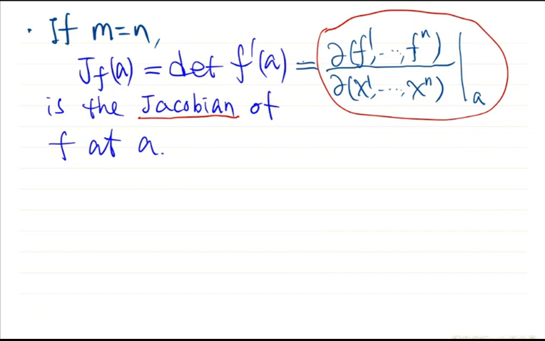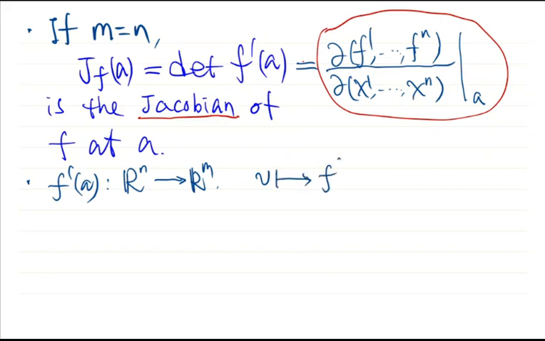So in our study of linear algebra, we see that the Jacobian matrix can be considered as a linear map from Rn to Rm. It maps a vector v in Rn to the multiplication of the Jacobian matrix and the vector v. This multiplication is a matrix multiplication.